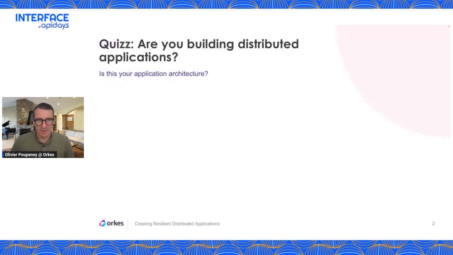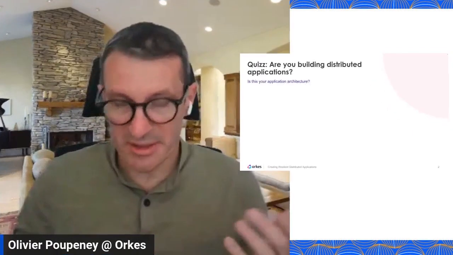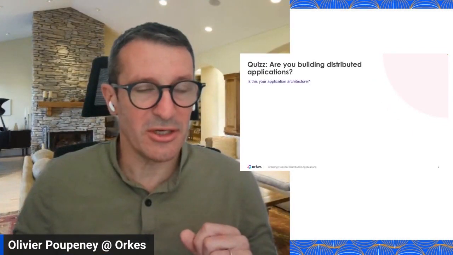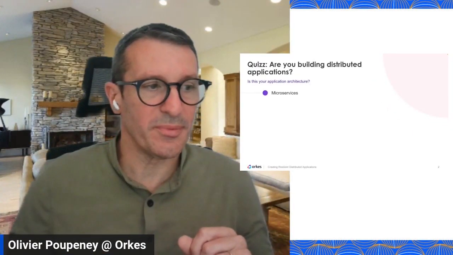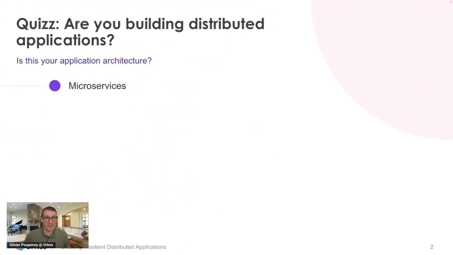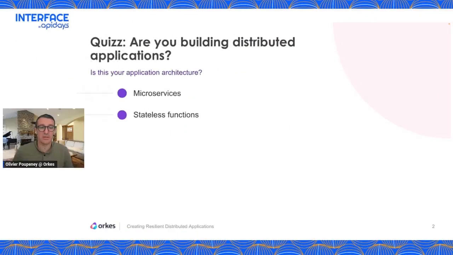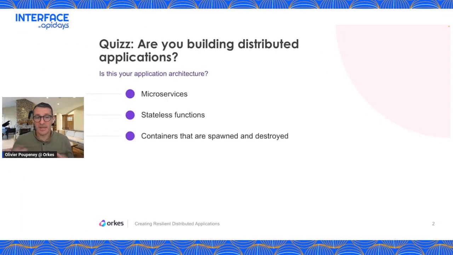Are you building distributed applications? It depends on what your application architecture is. So let's start by asking, is it with microservices? Is it with stateless functions? Containers that can be spawned and destroyed, or services that are talking together over RPC, like Google RPC?